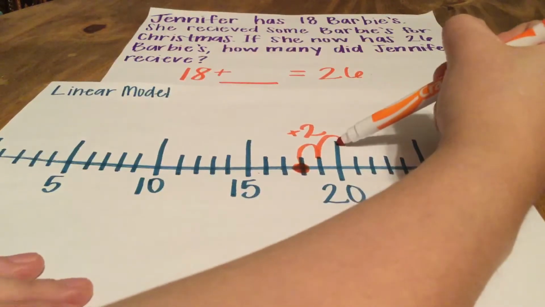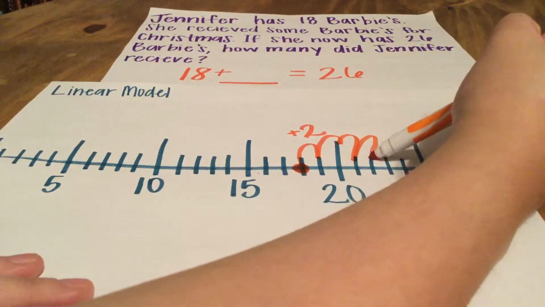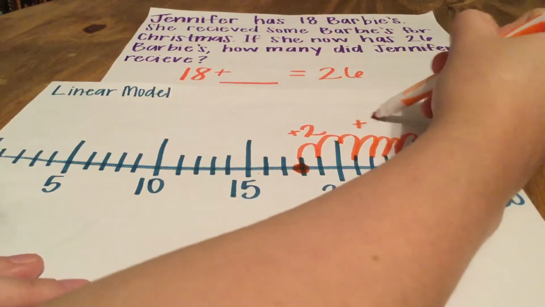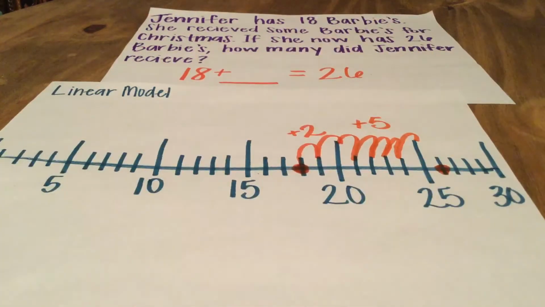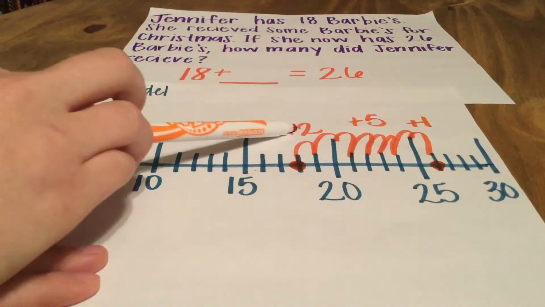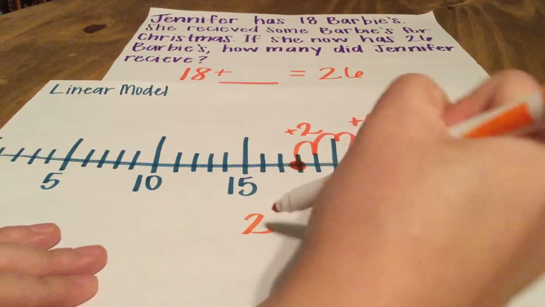So I'm going to add 5 more. 1, 2, 3, 4, 5. So I'm going to add 5. And then we need one more Barbie to get to 26. So plus another one.